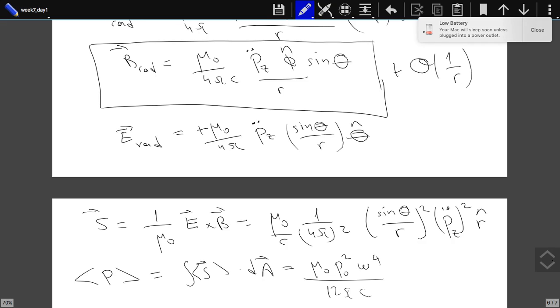Let's see, what is the polarization of this radiated light? You see, the polarization of light is defined as the polarization of the electric field. Electric field is in the theta hat direction. Let's say if this is the z direction, the electric field that is coming in that direction will be oscillating like this.